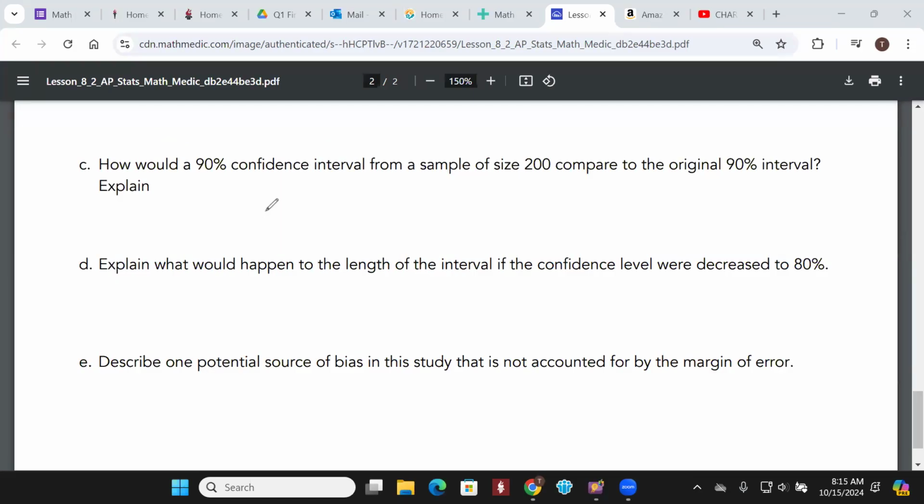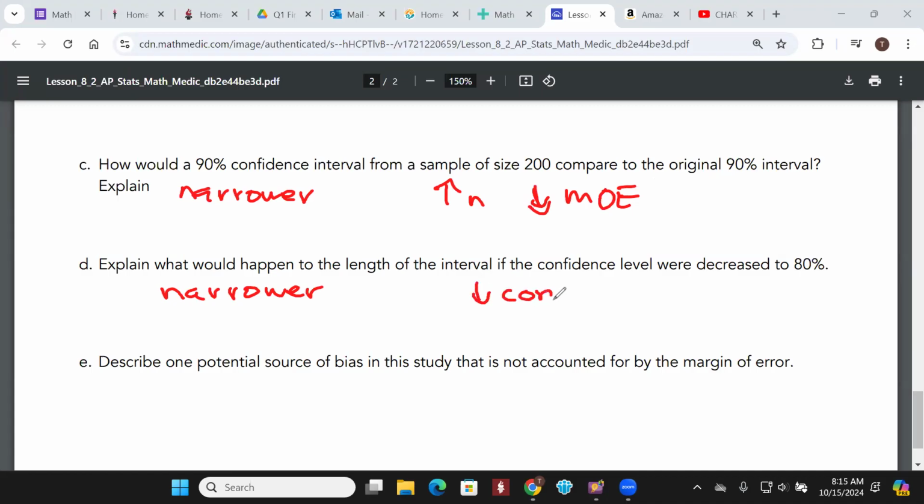All right, so it would be narrower on C, and it would also be narrower on D. We talked about how if you increase the sample size, we decrease the margin of error. For D, if we decrease the confidence level, what would happen to the margin of error?